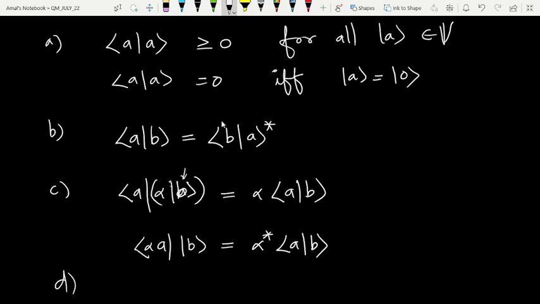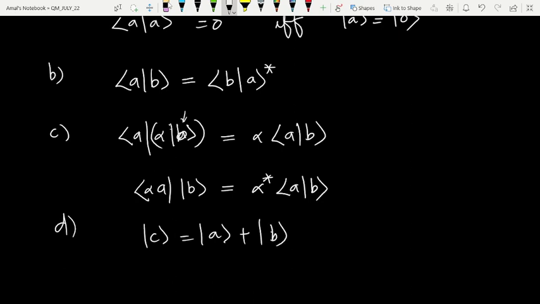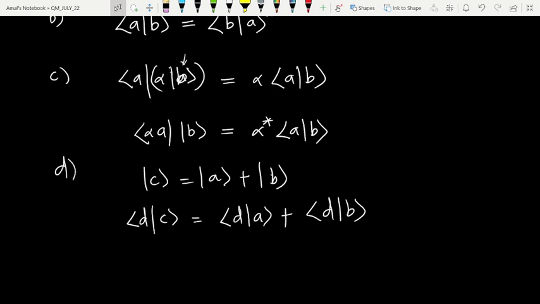Also, the fourth property says that if C is equal to A plus B, then the inner product of D with C is equal to the inner product of D with A plus the inner product of D with B. So these are the properties the rule connecting two vectors with a scalar must satisfy in order to call it an inner product.